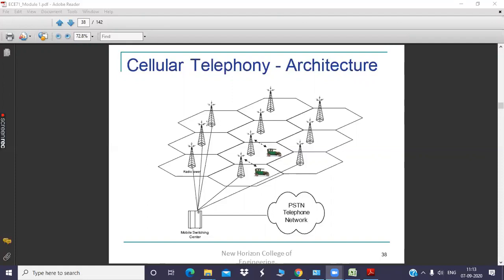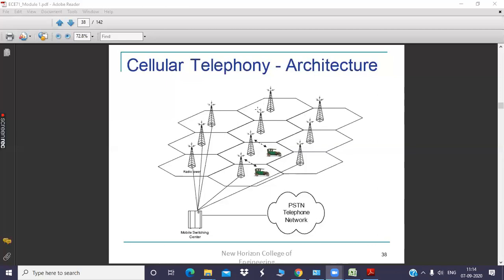So you can see from this figure, a cell has a high power, high transmission antenna in the center, which is installed over a tower, followed by a number of subscribers around it. So in each and every geographical cell, at the center you have a high power antenna installed over a tower, around which some mobile subscribers are moving. They make use of this particular base station to establish communication.